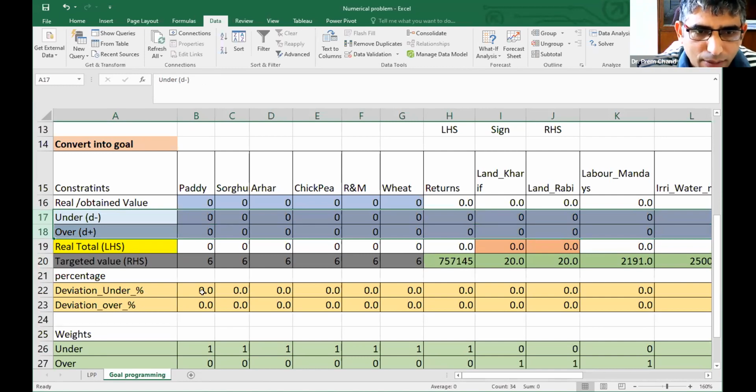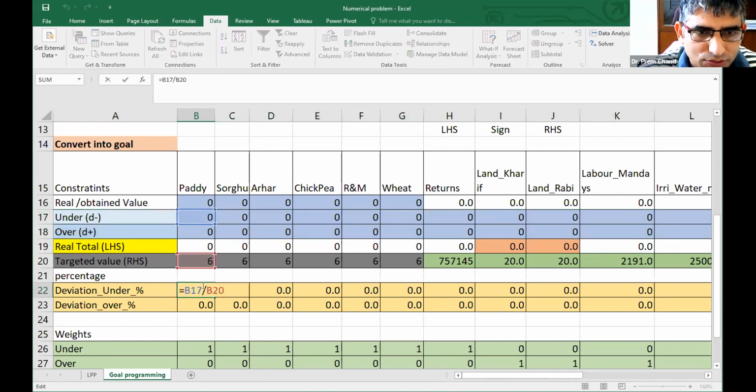So rather than computing absolute deviation, I will compute the relative deviation, the percent deviation. I have divided B17 by B20, meaning how much it is deviating from my target, either under or over. Is it okay?